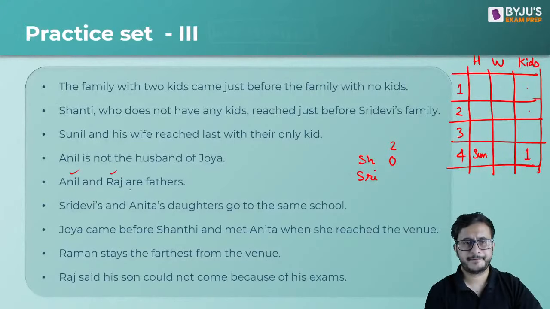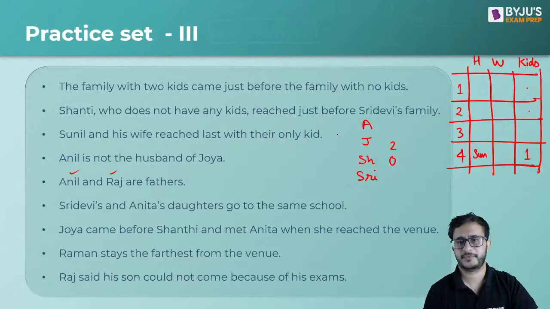Joya came before Shanti and met Anita when she reached the venue. So this is Shanti, and Joya must have come before her and she met Anita. That means Anita was already present there. So this is the order in which they come. Raj and his son could not come, so Raj is also a father.